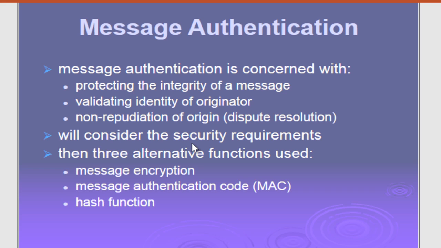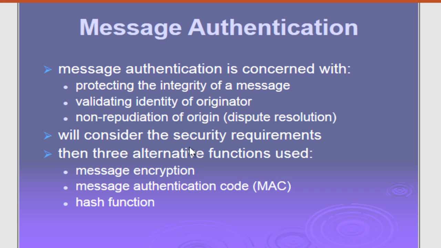Non-repudiation of origin means the sender cannot claim that he didn't send the message. There may be some conflict between the sender and the receiver, or between any two participants, and in the conflict the sender might say he didn't send the message, even though he sent it.